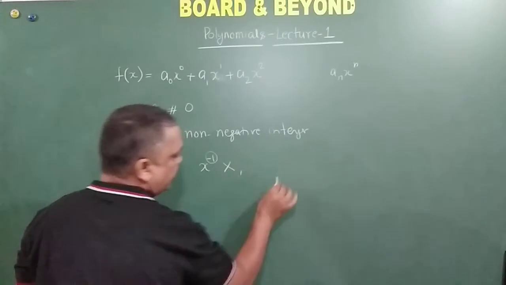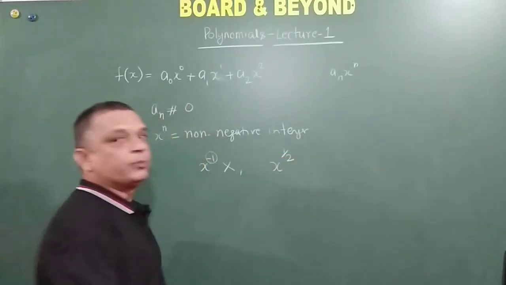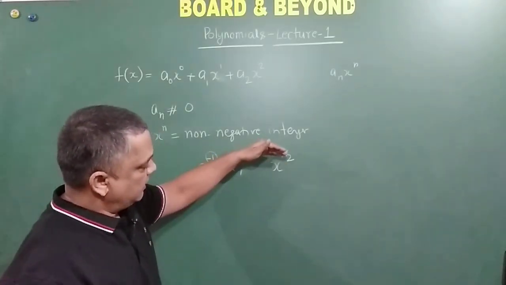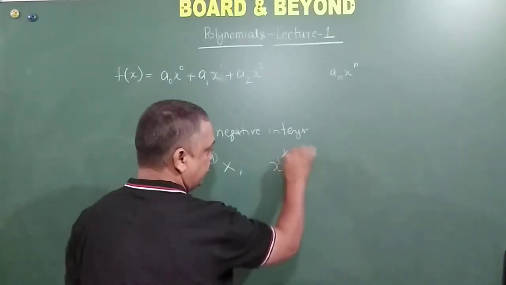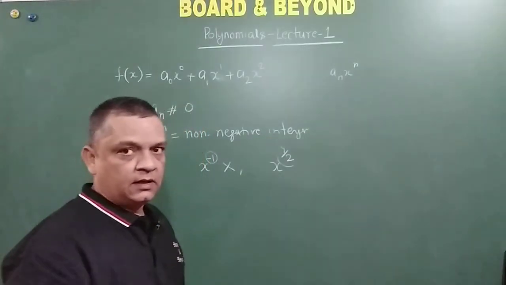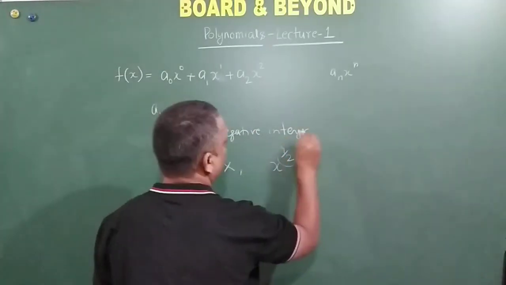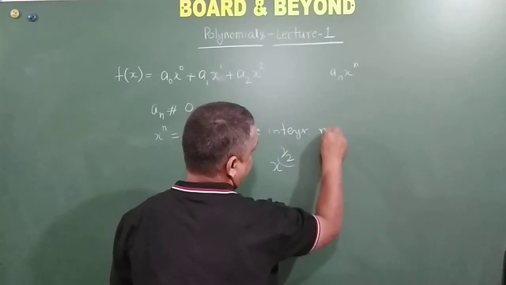Second, x raised to power half is not a polynomial because half is basically a fraction. It should be a non-negative integer and cannot be a fraction. Fraction not allowed.